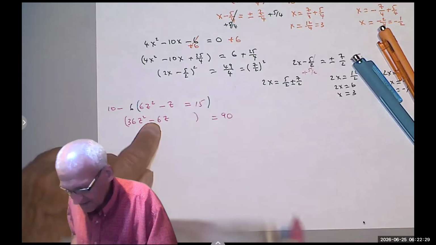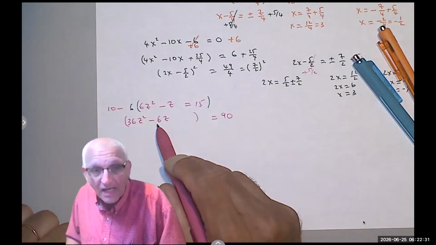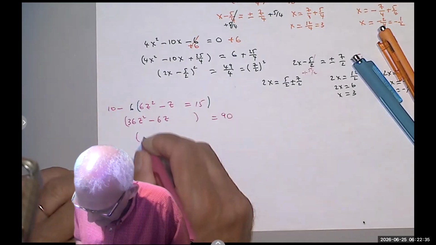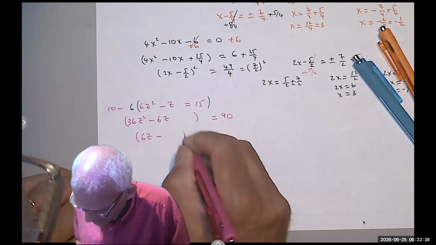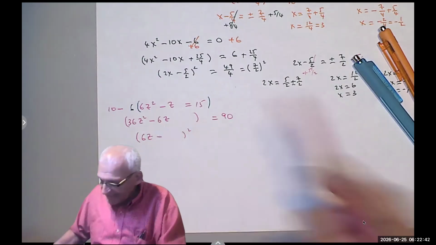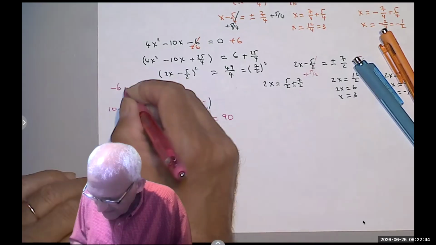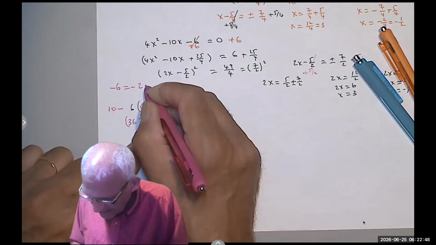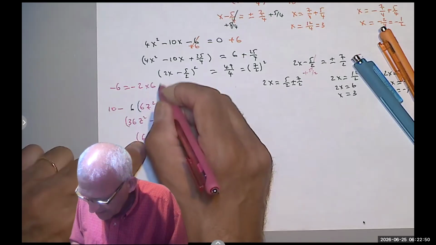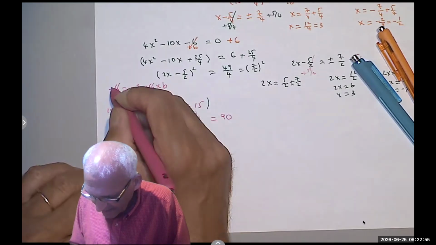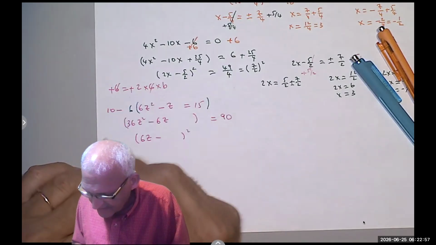This negative 6 is negative. First of all, I will have here 6z minus something squared. The negative 6 is negative twice a b. 6 and 6 cancel, half and half, negative and negative cancel.